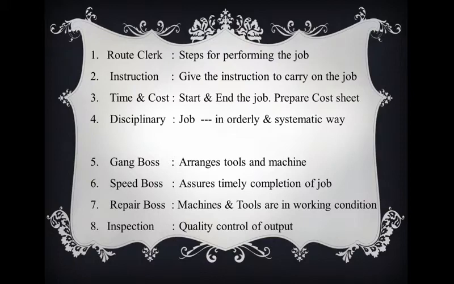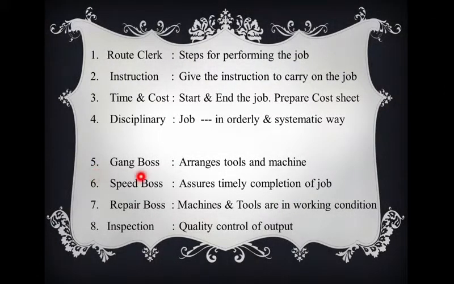After that, we have time and cost clerk. He is responsible to fix up the time for starting and completion of the job. He also prepares the cost sheet for every job. Next is disciplinary clerk. This foreman is responsible for performing the job in an orderly and systematic way.